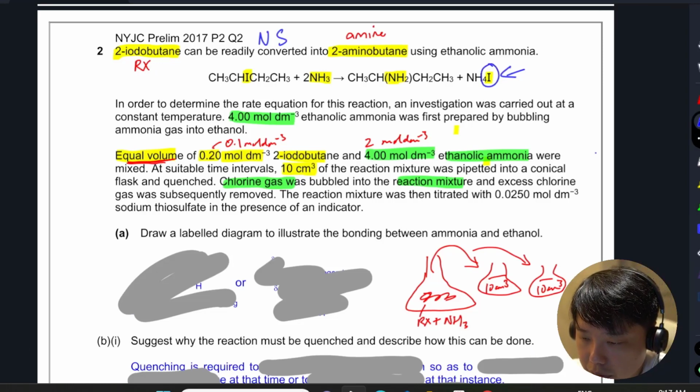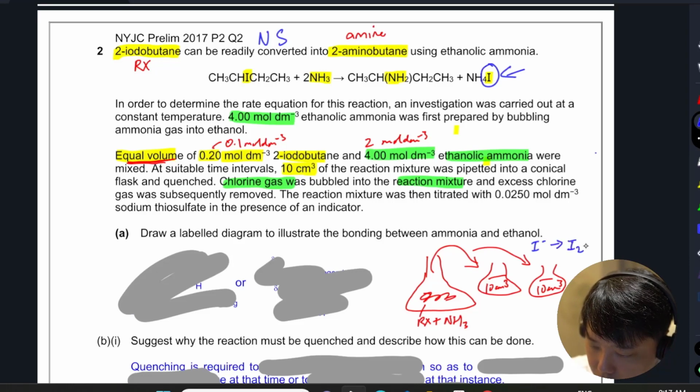So when you bubble in chlorine, chlorine will displace the I minus, so you'll get chloride, and then you'll get back the iodine. So I minus will be displaced to get back I2. It is a displacement reaction, right? Chlorine gas, you're doing a displacement. Okay, just take note of that.